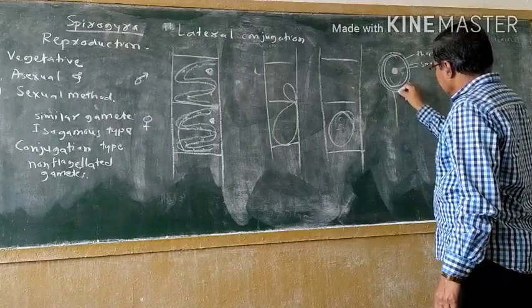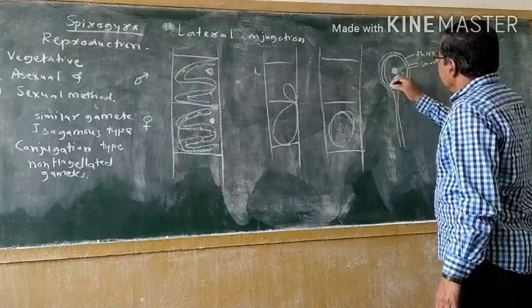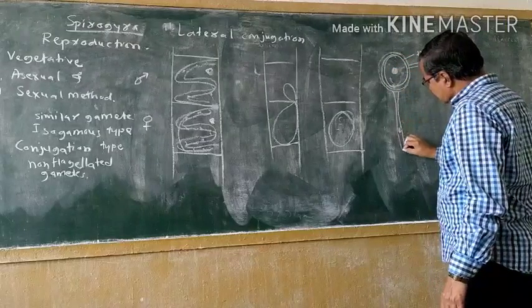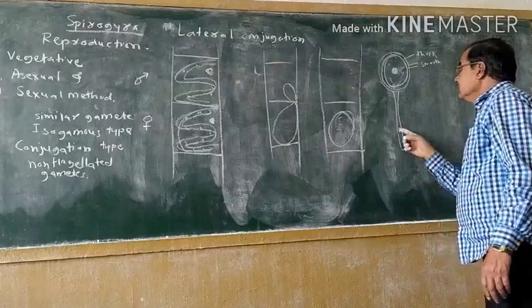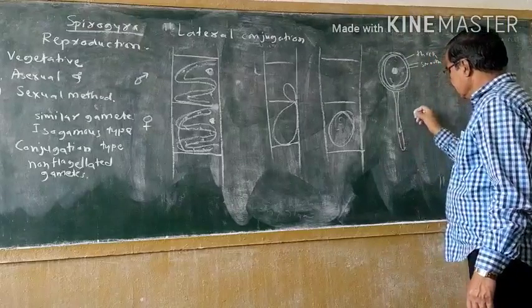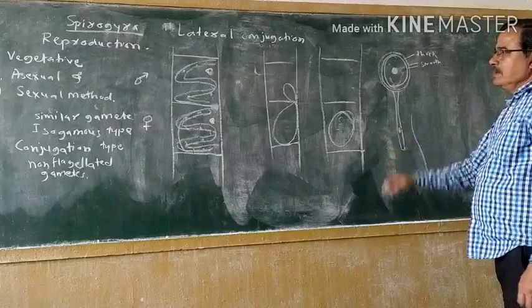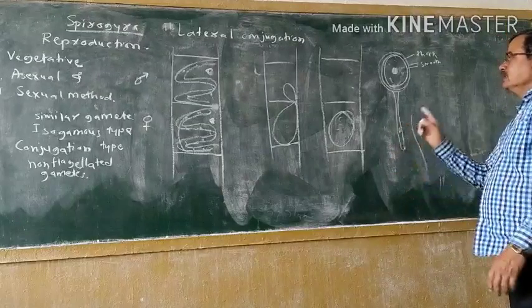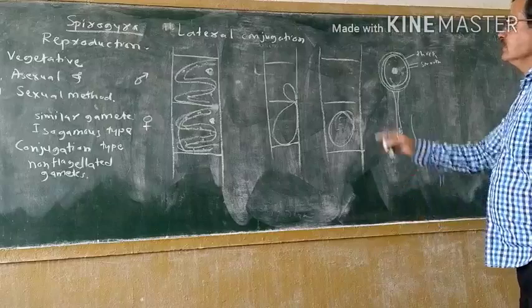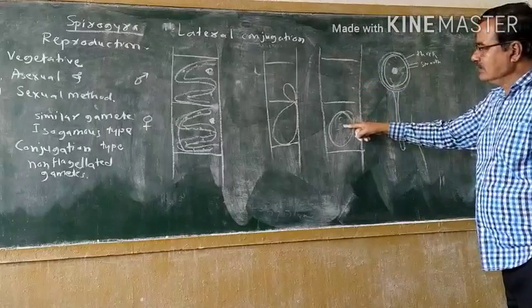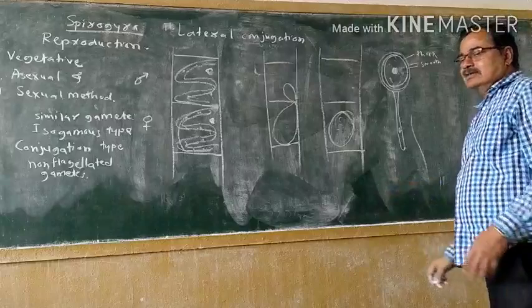In time, it breaks open, and the nucleus with the dense cytoplasm migrates into the germ tube. The germ tube develops into a new filament. In this way, a new filament is developed by the zygospore. This method is known as lateral conjugation, which takes place between adjacent cells on the lateral side.